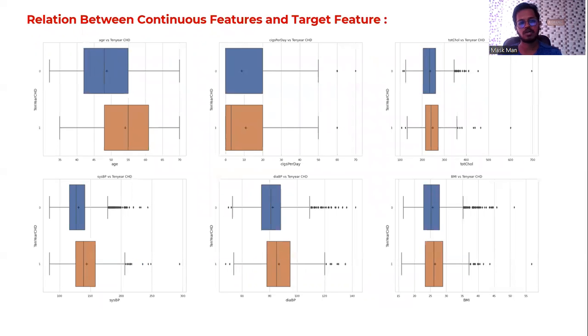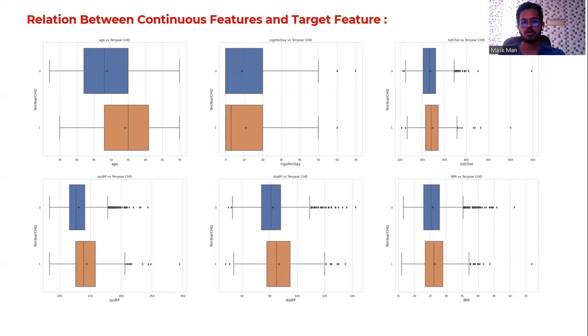And here we can observe the relationship between the continuous features and the target feature. The target feature is 10-year CHD. Except for age, all the other continuous features have a relevant number of outliers. If you see the box plot of age, the age for the one category is more.